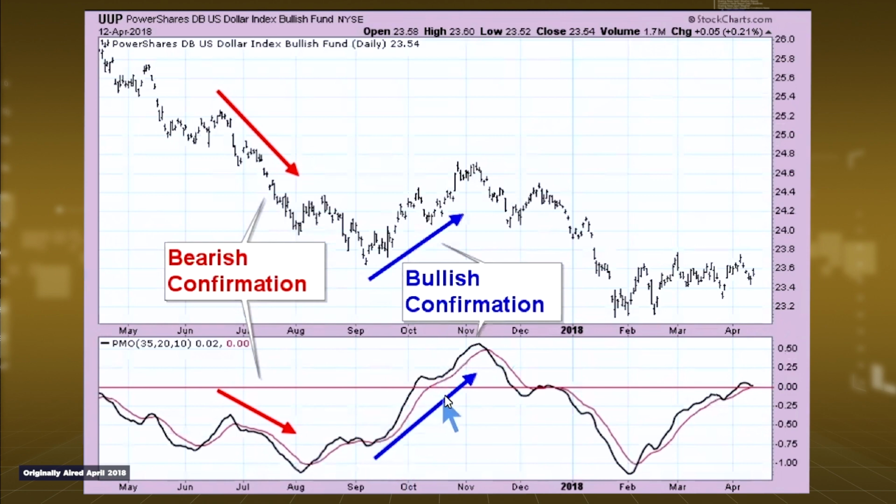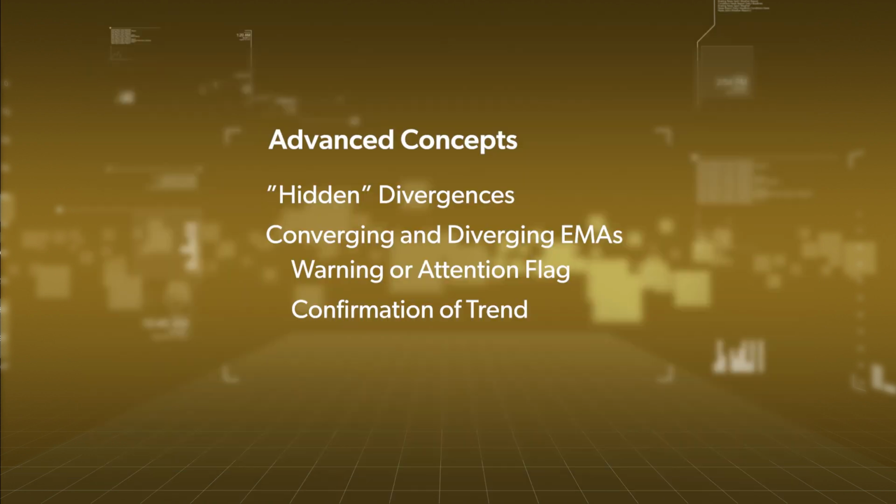You see rising bottoms and you're seeing rising price bottoms. Momentum is increasing, or if this were a volume indicator, volume is increasing, price is increasing. That tells you that you should expect the trend to continue. It's a bullish confirmation.